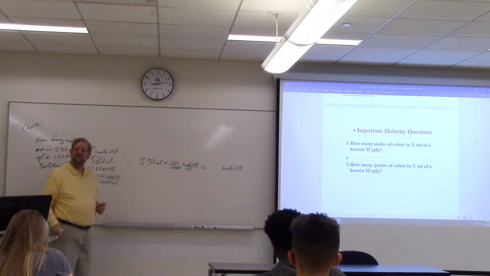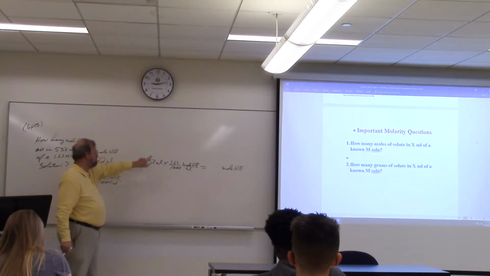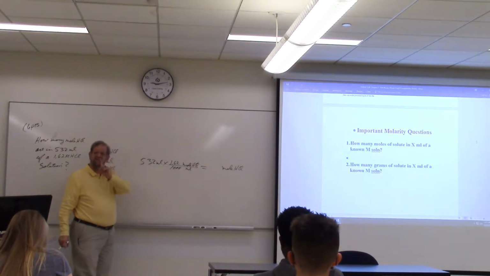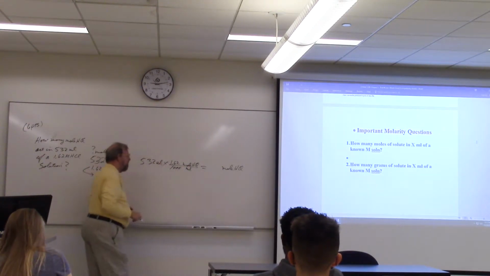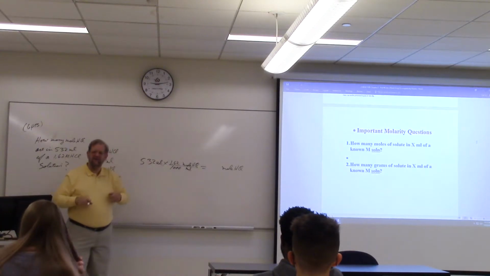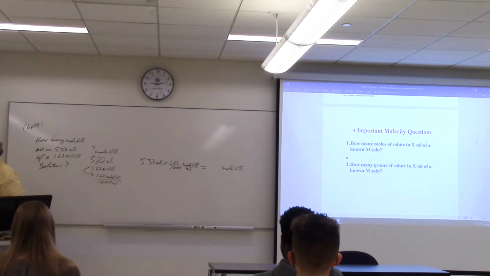Before I go ahead, I'll check my units. Notice milliliters divided by milliliters comes to 1, cancel out. I'm left with moles of HCl. I'm on the right track. And now I'll go over to my calculator.